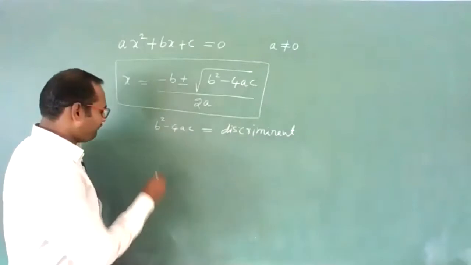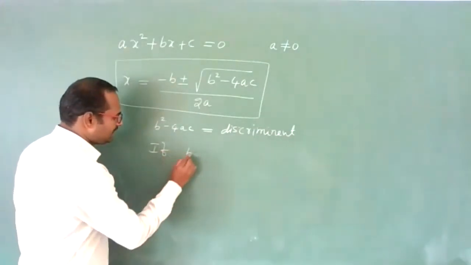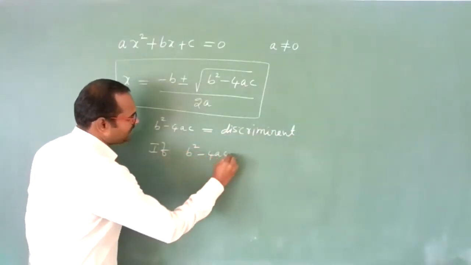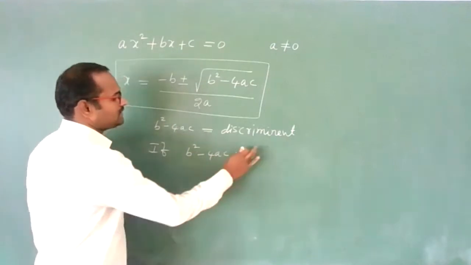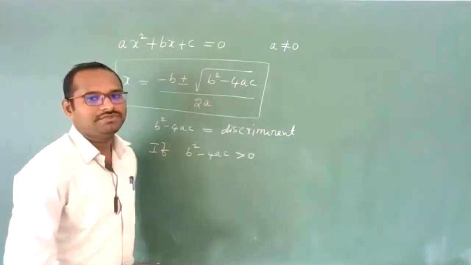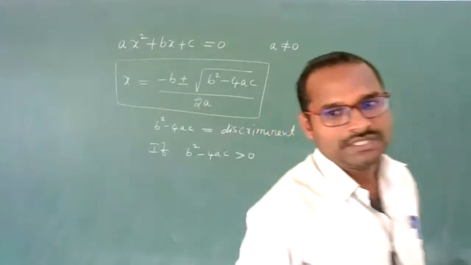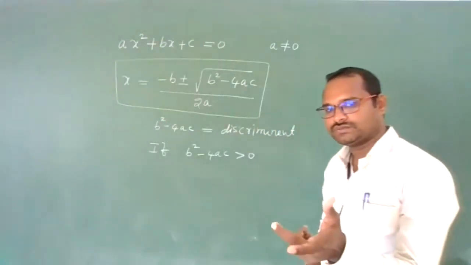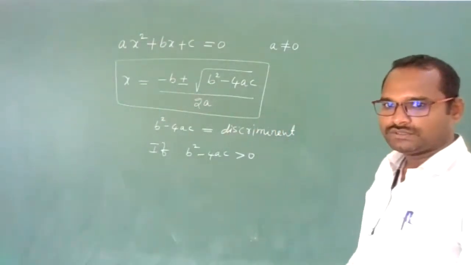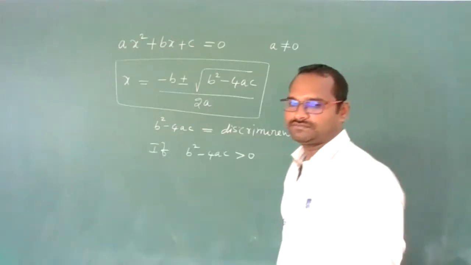Okay, see students, if the b square minus 4ac value, this value under the root, is greater than 0, meaning a positive value, then you will get real roots, perfect roots.